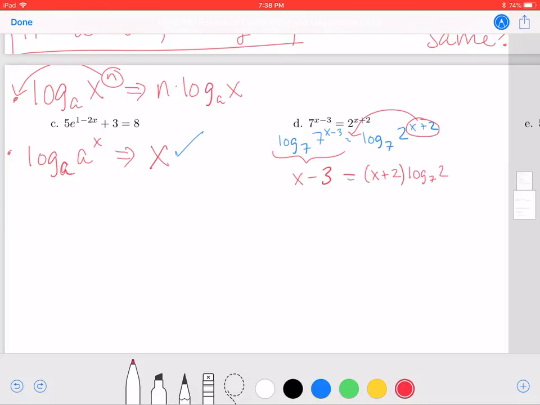And this x on the right is kind of stuck in this parentheses. So it's going to seem a little bit counterintuitive, but the way to simplify this problem is actually to distribute this term on the right.